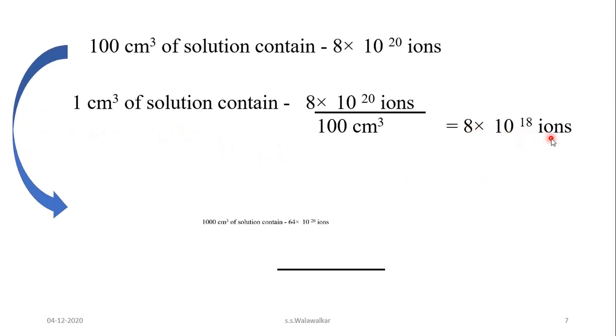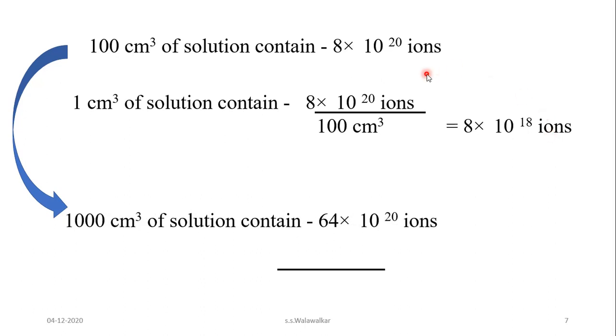Now suppose this same solution is diluted 10 times, that is, the volume is increased to 1000 centimeter cube. Then the number of ions increases, from 8 to 64, but not in the same proportion as the dilution. Dilution is increased 10 times, but the number of ions does not increase in that proportion.